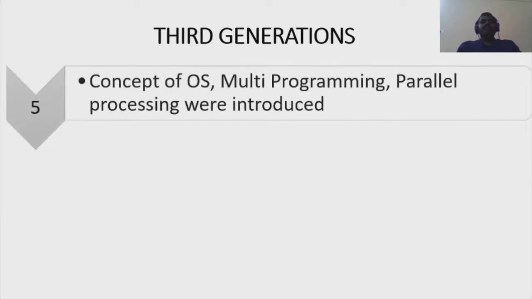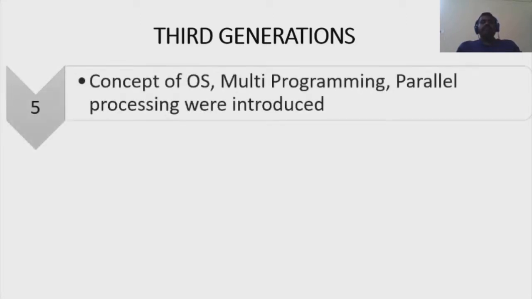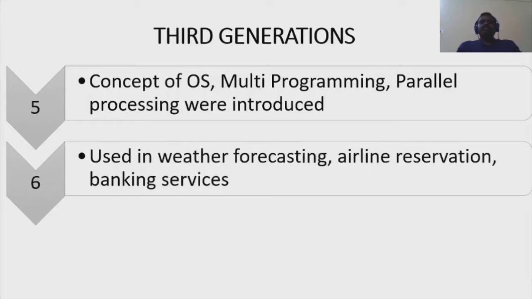Then we come across the concept of the operating system, OS, and multi-programming, followed by parallel processing, introduced in the third generation and used in weather forecasting, airline reservation, banking services, and many other fields.